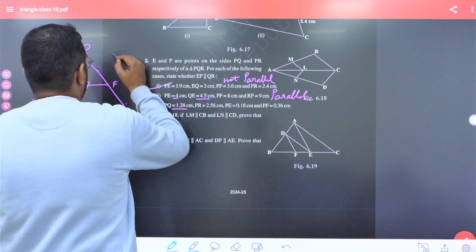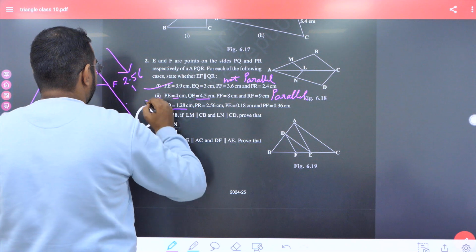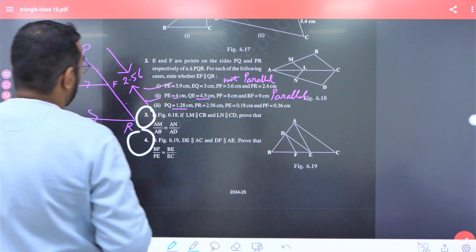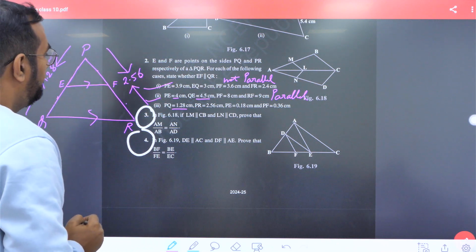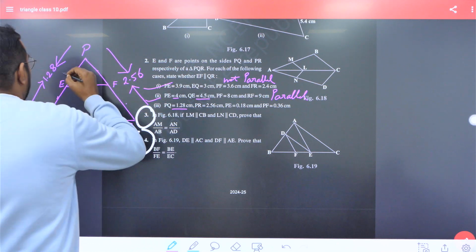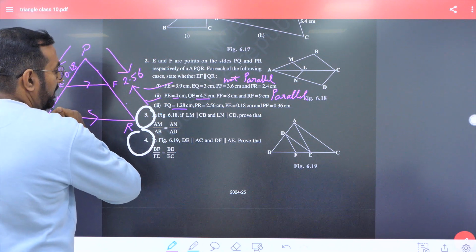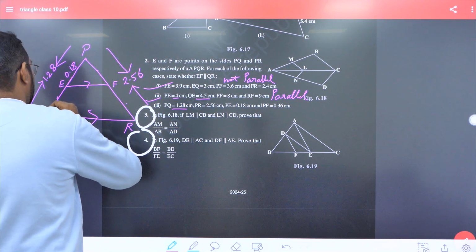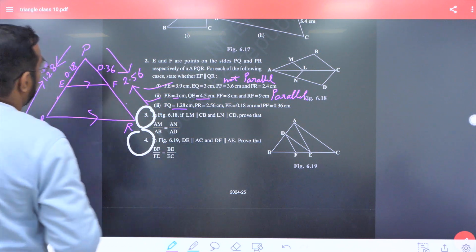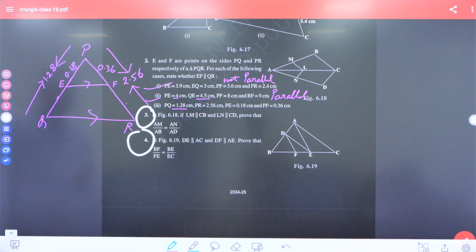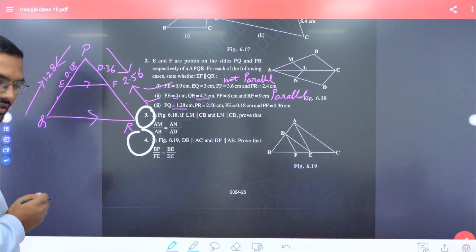PE is 0.18 and PF is 0.36. So beta, we have to check whether EF is parallel to QR or not.